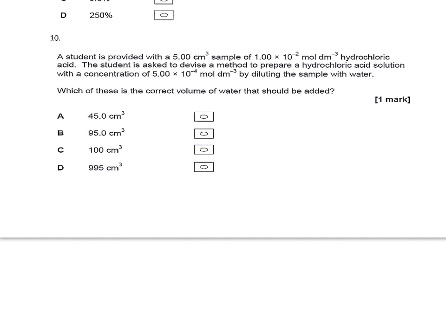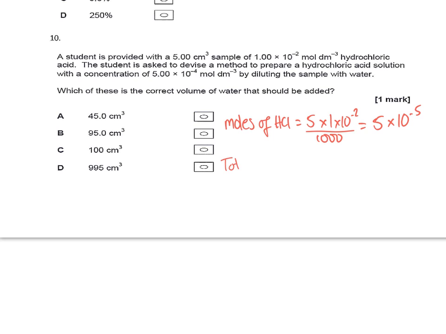So for this question, we want to work out how many moles we've got in the original sample. So my moles of HCl are going to be 5 times 1 times 10 to the minus 2 divided by 1,000, which is 5 times 10 to the minus 5.